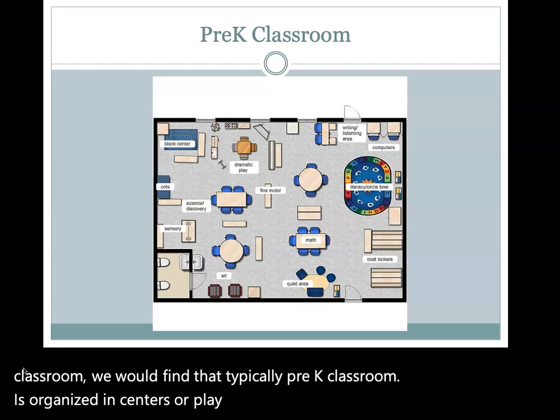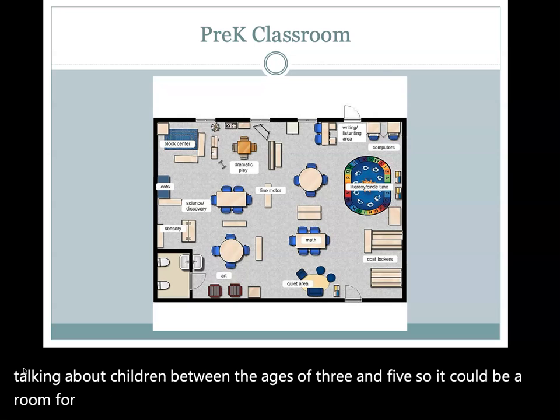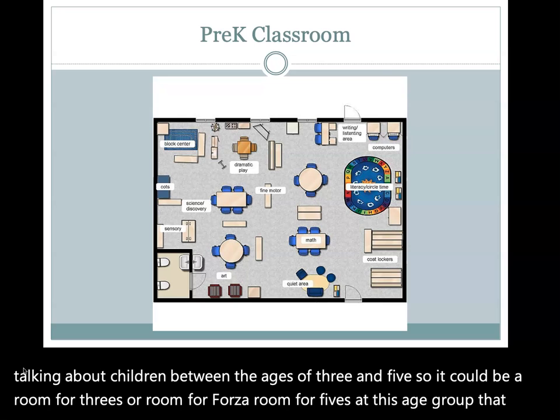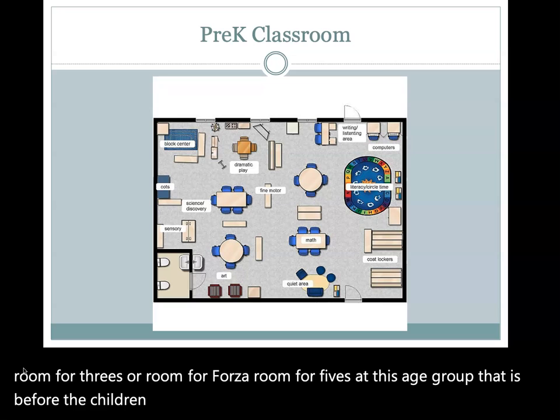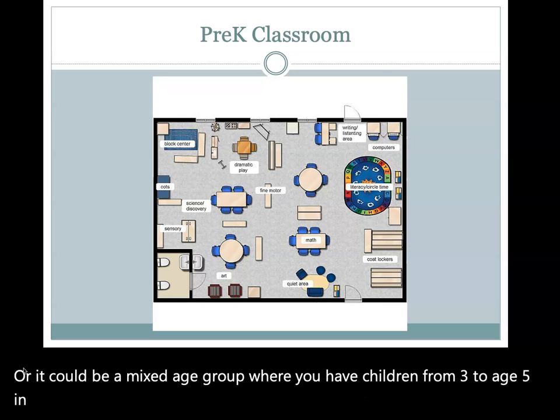And when we're talking about pre-K, we're talking about children between the ages of 3 and 5. So it could be a room for 3s, a room for 4s, a room for 5s, this age group that is before the children enter kindergarten. Or it could be a mixed age group where you have children from 3 to age 5 in the same room, right?